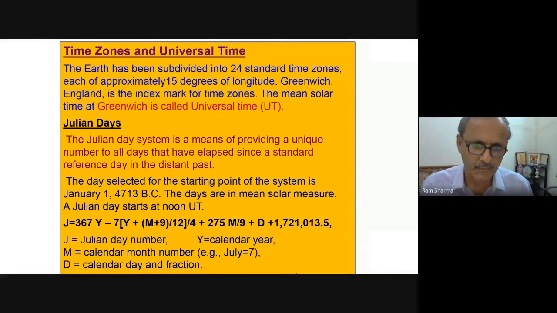This is a simple formula we teach our students, because this number is needed when we do calculations in the interplanetary case, or even for the ground trace or the orbits of satellites. The Julian date has been recognized, and we need to calculate in terms of it, and then that goes into your calculations.